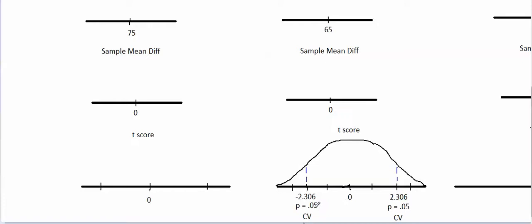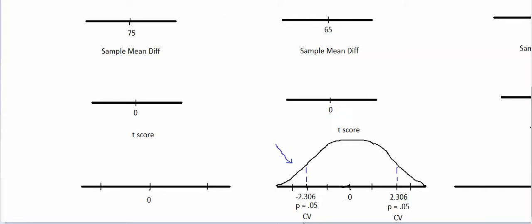It tells you the probability of the t-score reaching this area, starting at the dotted line. Meaning, it tells you the probability of the t-score reaching this critical value and landing somewhere in this area right here.